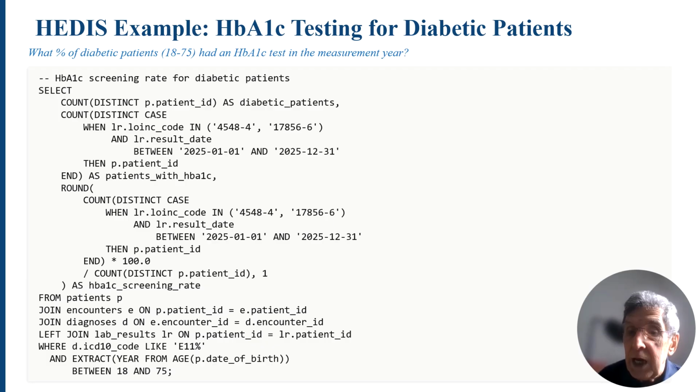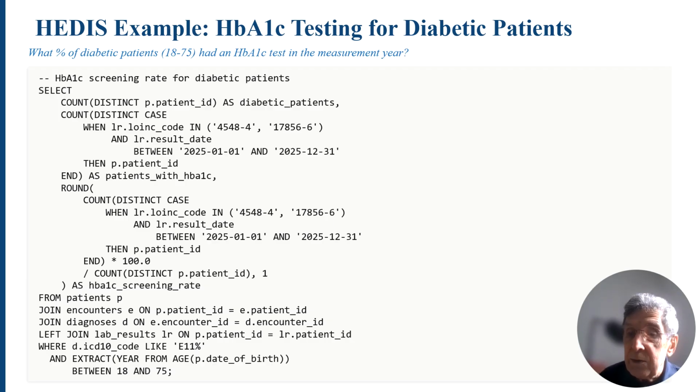The where clause establishes the denominator: patients with an E11 diagnosis code who are between 18 and 75. The first count distinct gives us the total number of diabetic patients, our denominator. The second count distinct uses a case to count only patients who have the lab result with that LOINC code indicating they had a hemoglobin A1C.